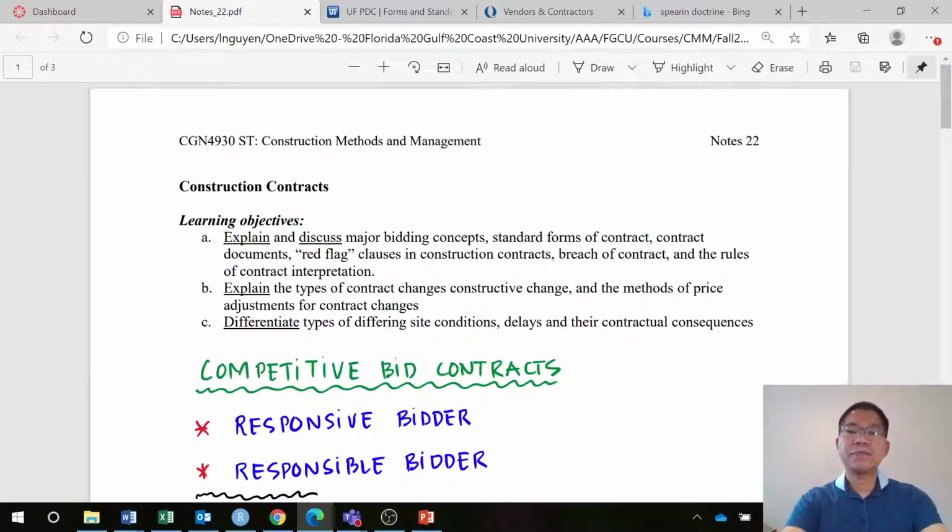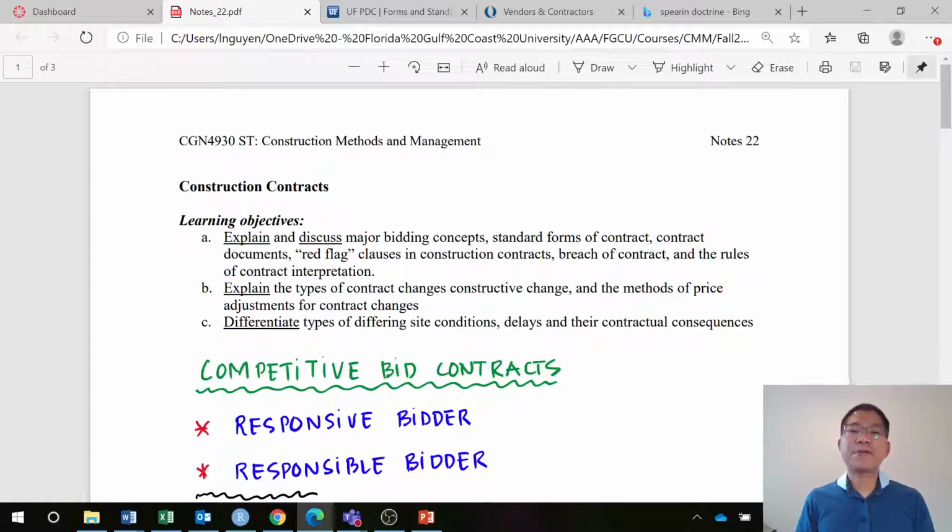We will discuss the first objective in this video. And then in the next video we try to achieve the second and the third and final learning objectives, and then we apply them in problems. Explain the types of contract changes, constructive change, and the methods of price adjustment for contract changes.